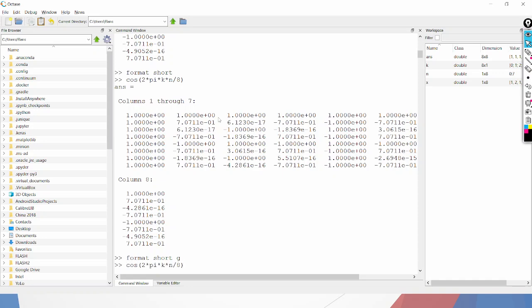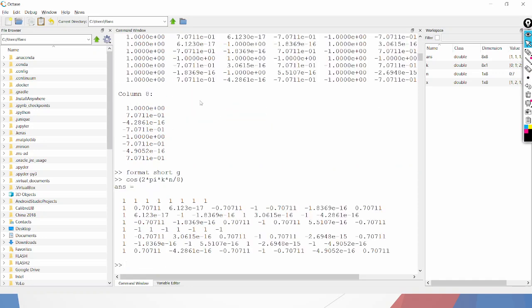Generic. Okay. 1, 0.7, 0, essentially, minus 0.7, and so on. So you can see only three different numbers actually: 1, 0.7, or 0. And all the others are variations with different signs, almost 0, and so on.